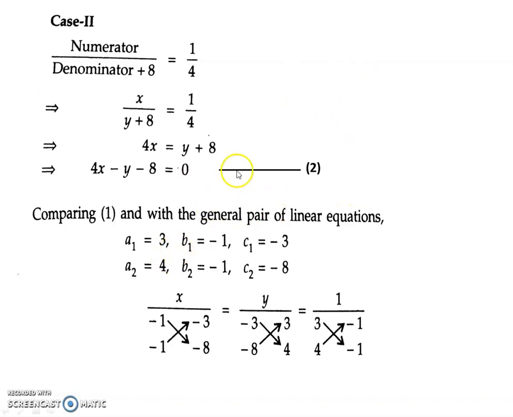You can apply any method here, but since I have done it by cross multiplication, it will be x by the coefficient of y and constant terms here, then y by the constant term and the coefficient of x here, then 1 by the coefficients of x and y.